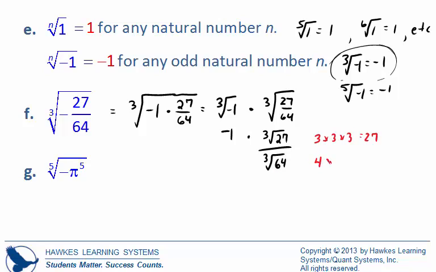That might be 4. 4 times 4 times 4 does equal 64. All right, so finishing this one up, I have a negative 1. The cubed root of 27 is equal to 3. The cubed root of 64 we showed was equal to 4. And multiplying negative 1 times 3/4 gives me a final answer of negative 3/4.